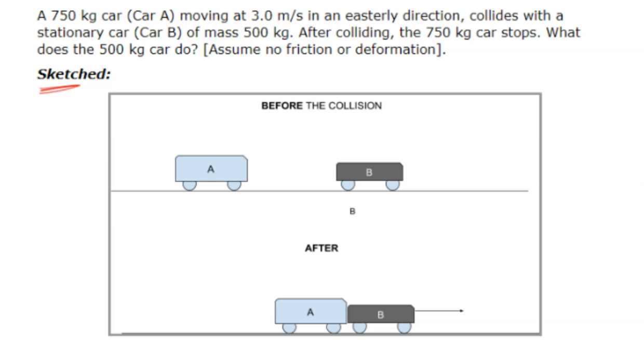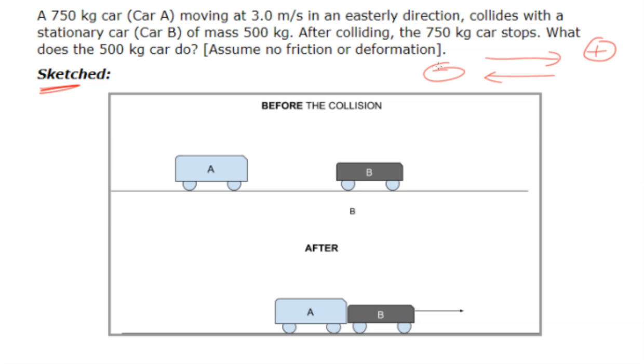I'll take us through the steps for annotating and reading through the question. We've got a 750 kilogram car moving at 3 meters per second in an easterly direction. We're going to say easterly is this way, a positive direction. So anything west will be negative, and we need to remember that.